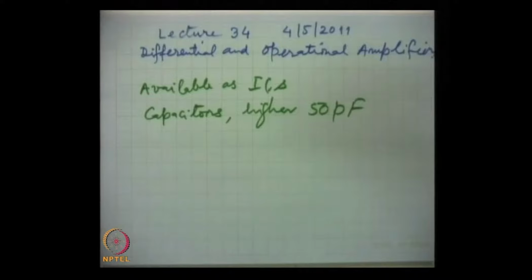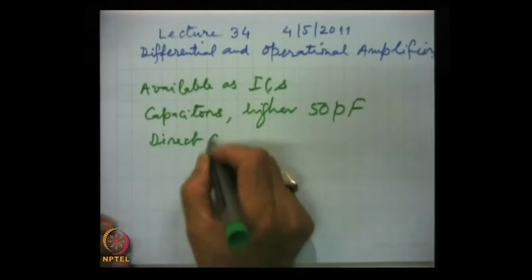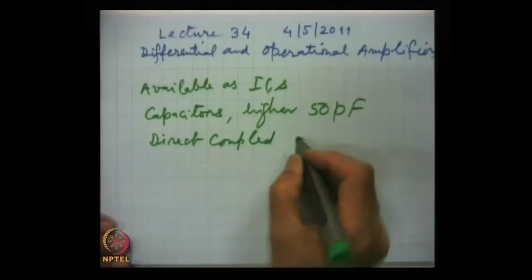That means 100 times more than 50 pF. So, these circuits, differential and operational amplifiers which we are going to use, avoid this capacitor coupling. These are direct coupled amplifiers.